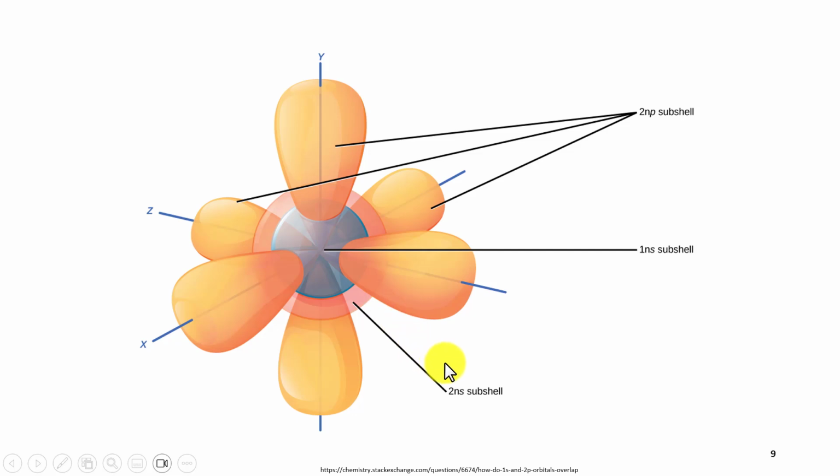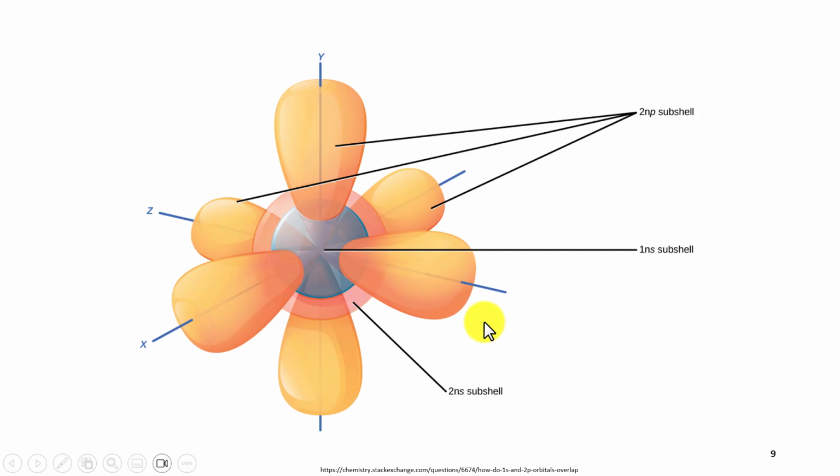When I move to the second energy level, note that I have the 2s subshell and the 2p subshells. And you can see this sphere now is larger, but it looks very similar to the 1s. But this is larger, and this is the 2s subshell. And then in addition to that, I have the p orbitals around the nucleus as well.